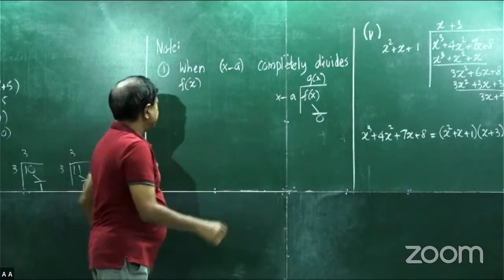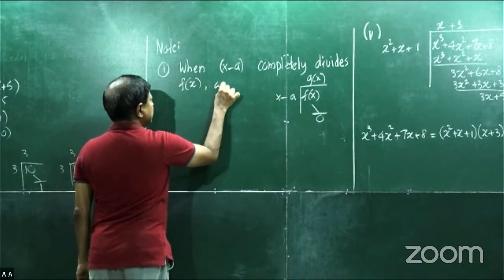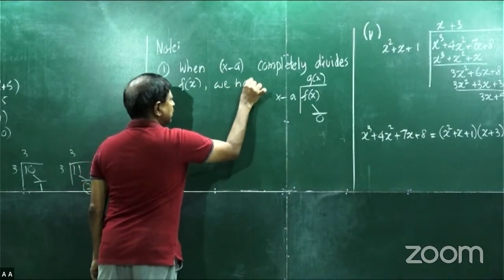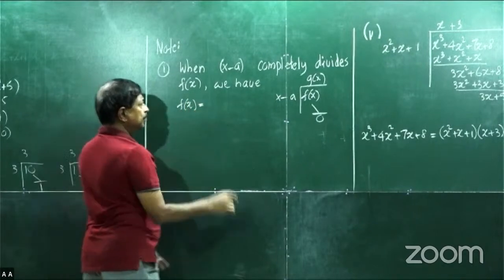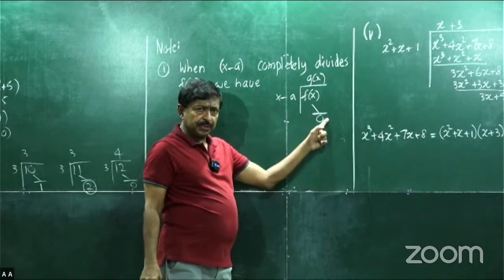You can write f(x) is equal to the product of these 2 plus 0.